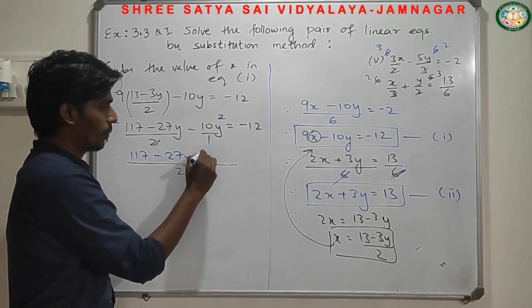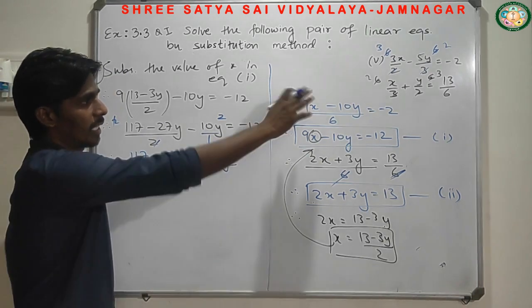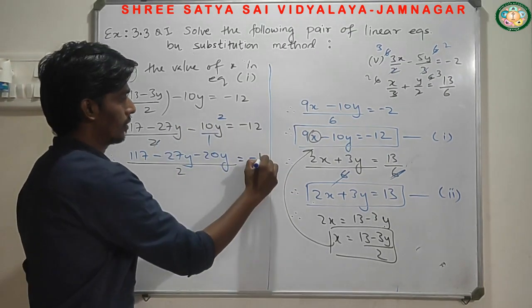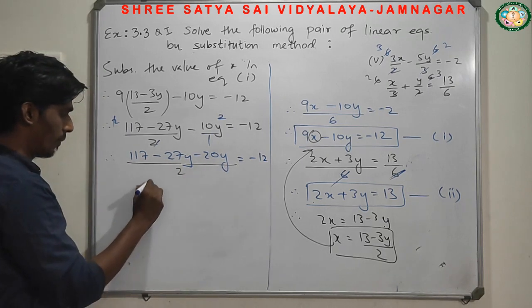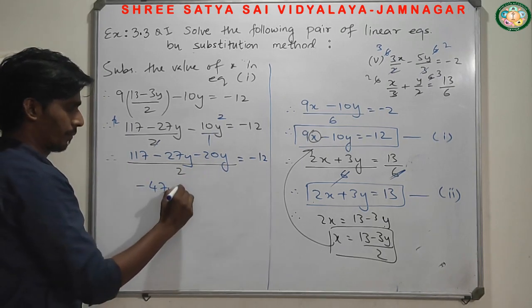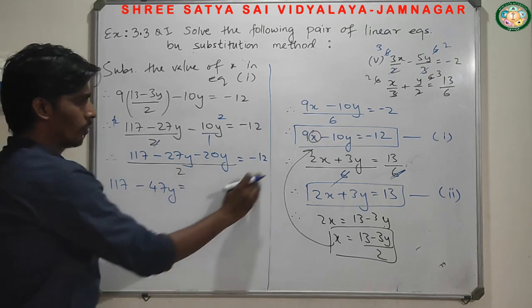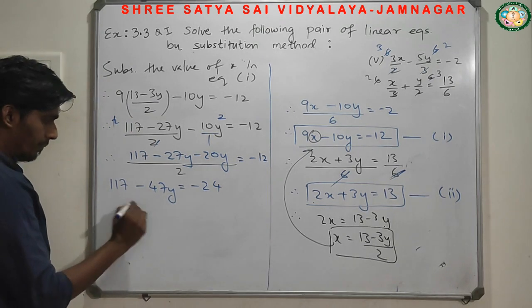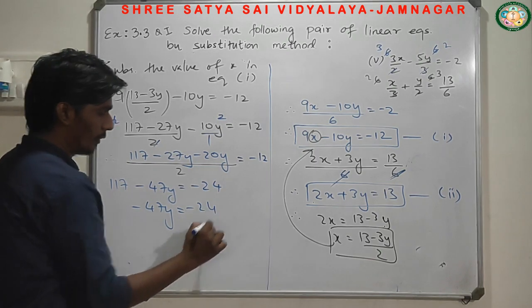So 2 into 10 minus 20y. This is the most important step for this type of sum, or to convert that into standard form. Minus 12. So minus 27 minus 20 is minus 47y. And here 117. This 2 will multiply here, minus 24. So minus 47y minus 24.